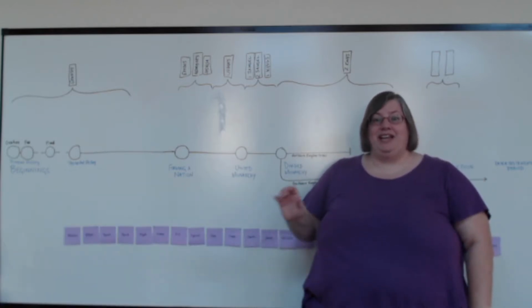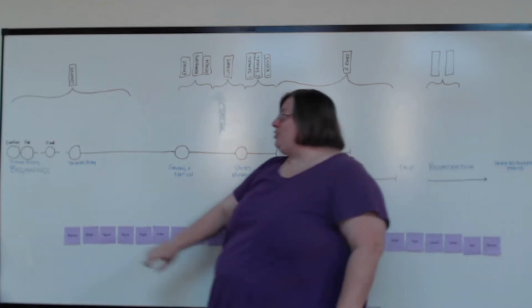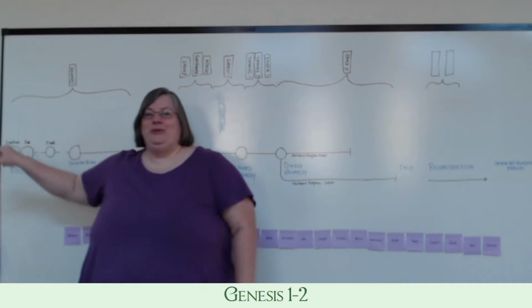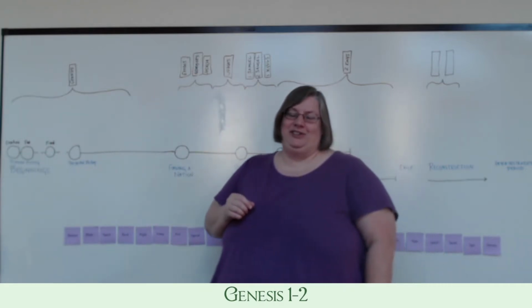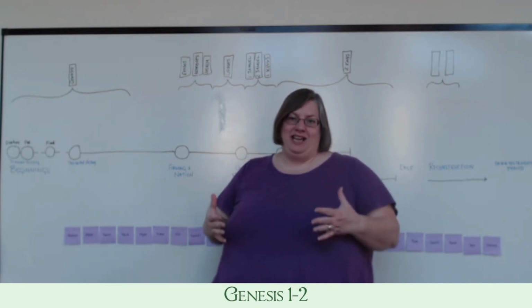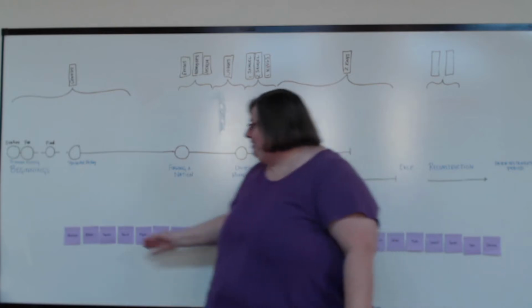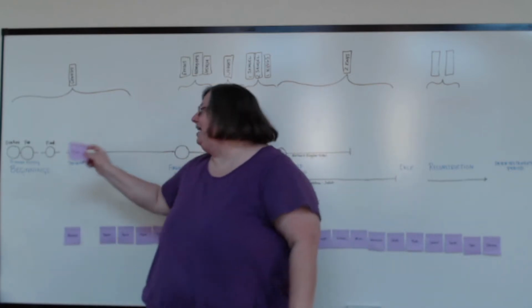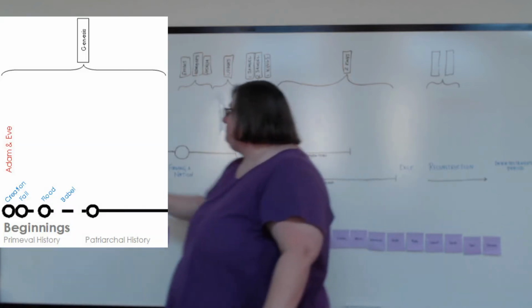So let's go ahead and start the bulk of the story by going to creation. And so we read in Genesis 1:1 and on into Genesis 2 about how God created all of everything that we know. The people that are involved there are, of course, Adam and Eve.